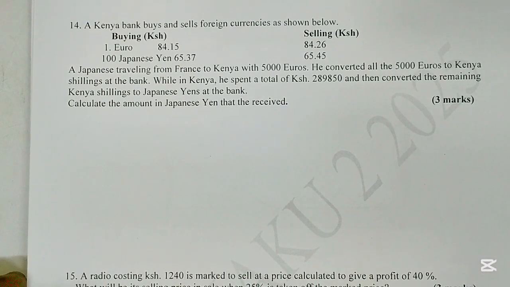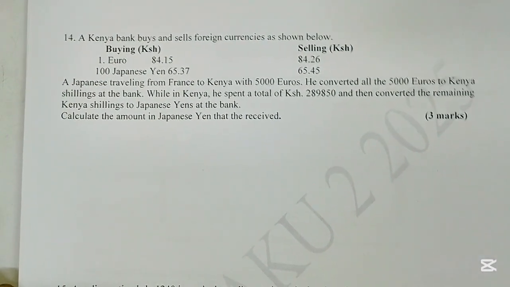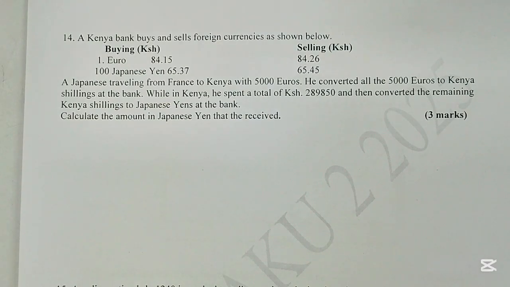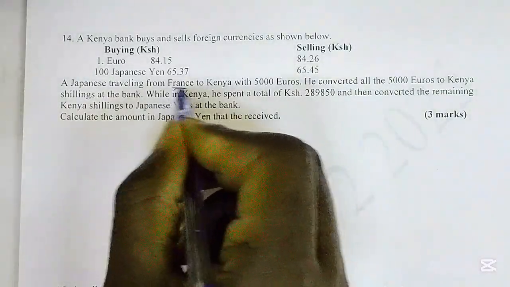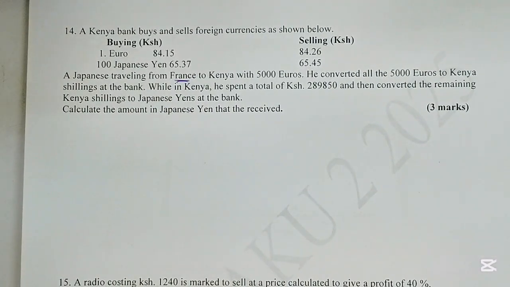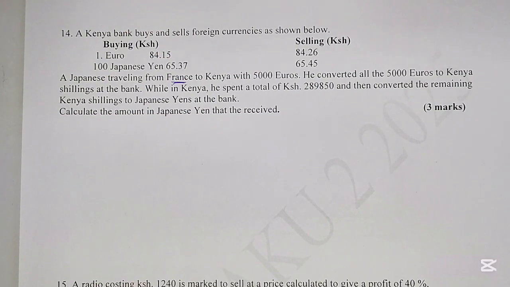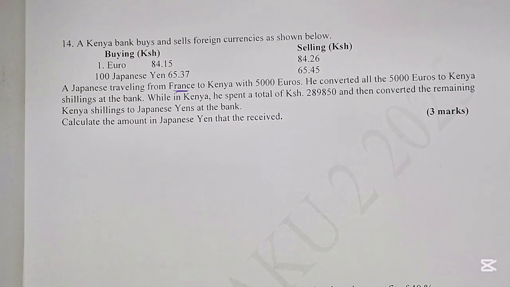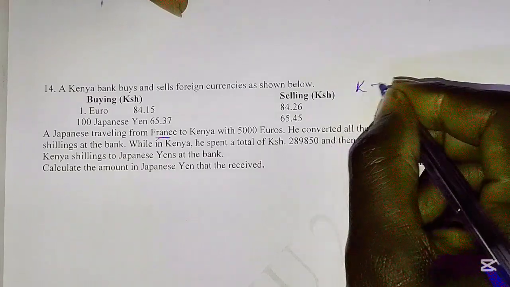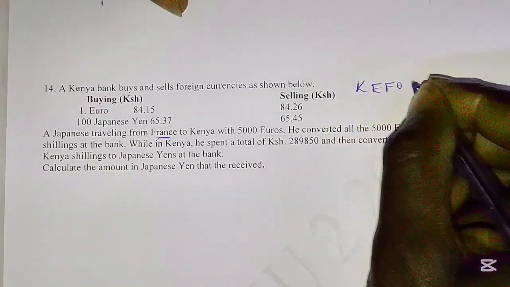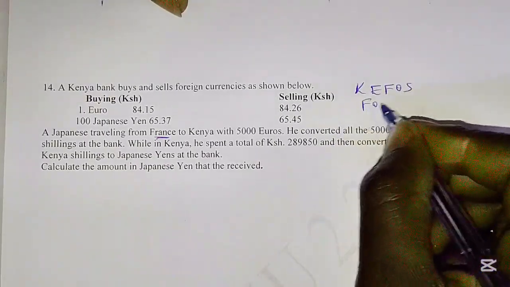Now let us move ahead and look at question 14. It was talking about foreign exchange. This is a tourist from France. The tourist coming from France has 5,000 euros. Here it is good the learners remember the concept of KFOS and FOCAB.